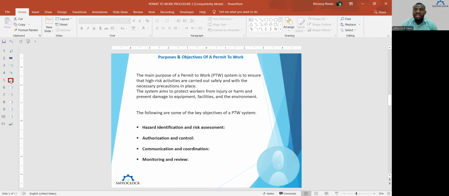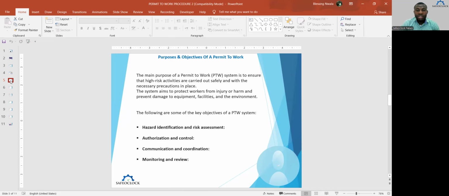So a permit is a way of ensuring proper communication and coordination between the parties involved: the main contractor, the subcontractor, the permit issuer, the permit receiver, and even the permit authorizer. So it's also a way of communication.